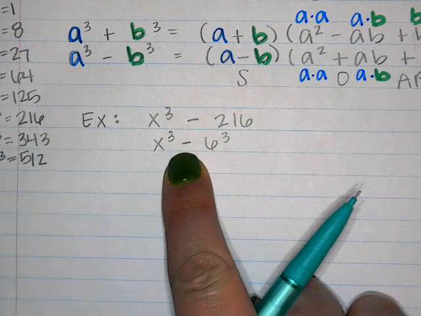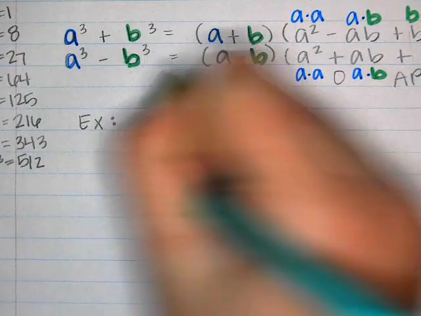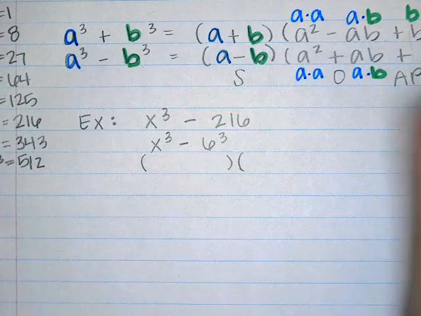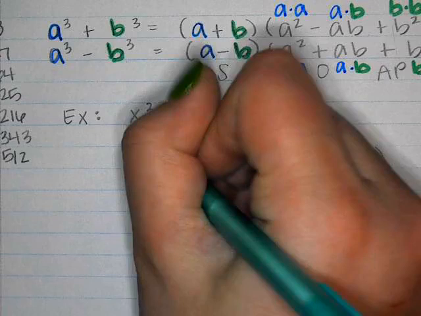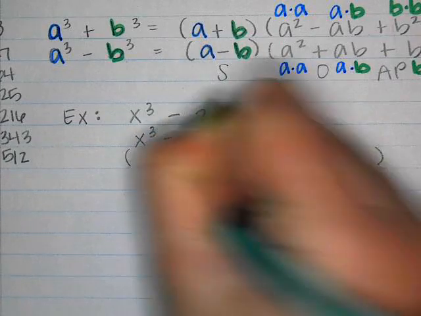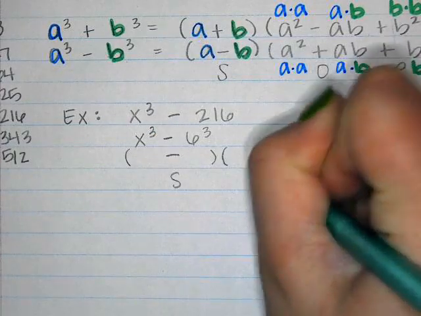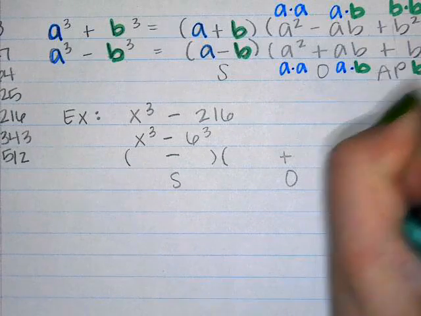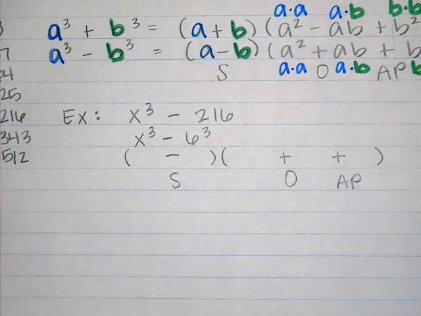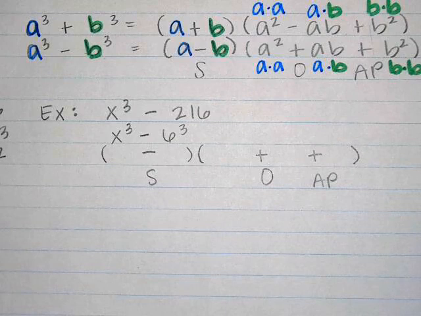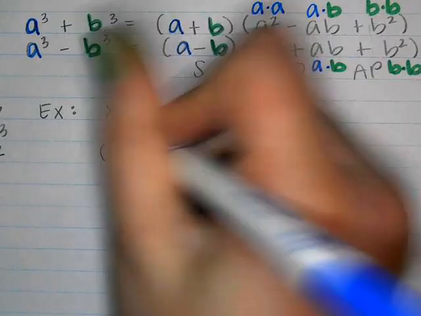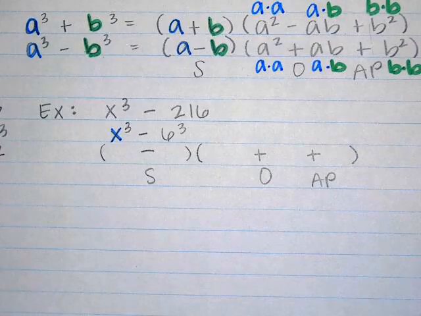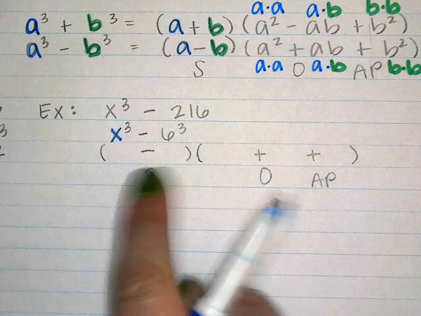So I'm going to start off by drawing my little set of parentheses and my big set of parentheses, and I'm going to put my signs. I'm going to put the same sign, the opposite sign, and the always positive sign. And I'm going to start with the first color. So in the little set of parentheses, it goes once.